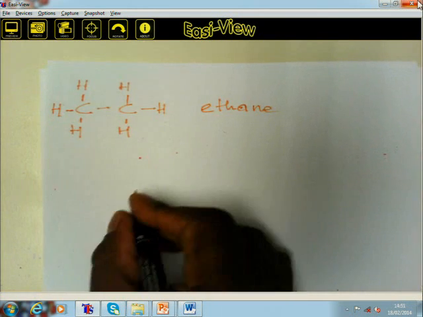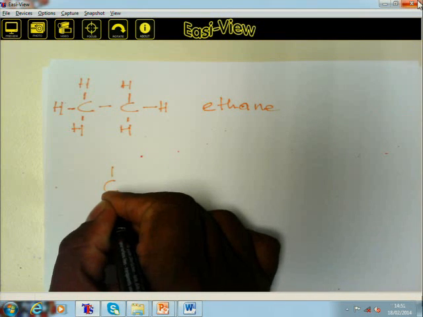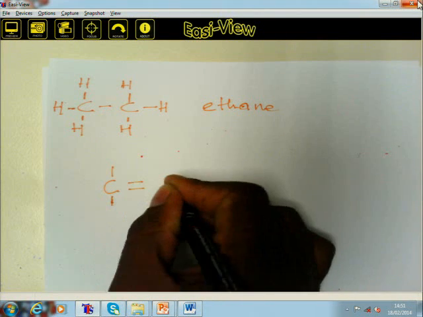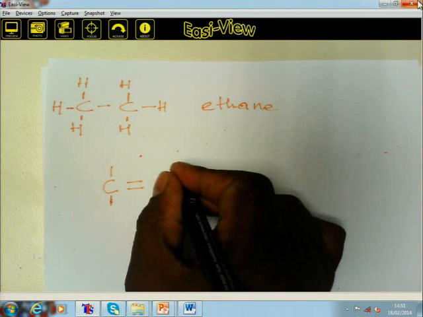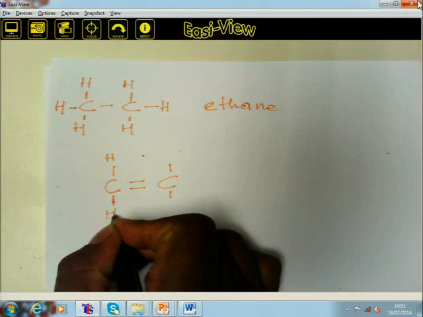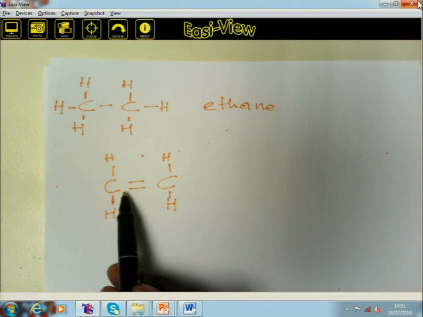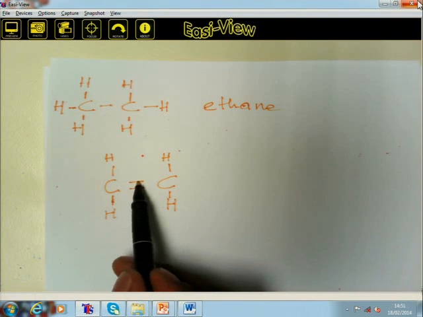And then let's have another one where we've got a double bond between two carbons. And then each carbon has to have hydrogens. So when you look at this first carbon, it has 1, 2, 3, 4 bonds.